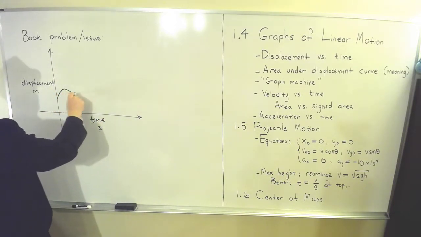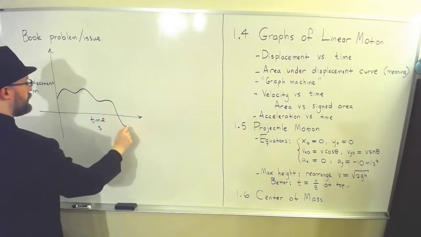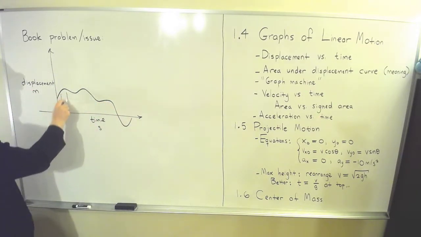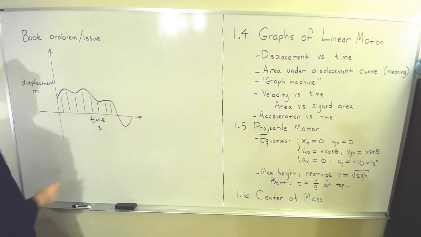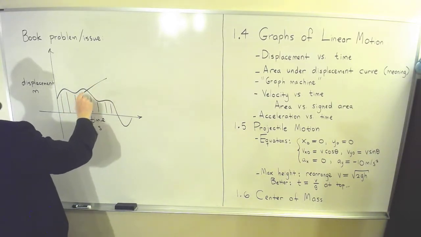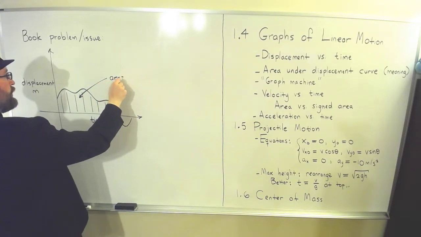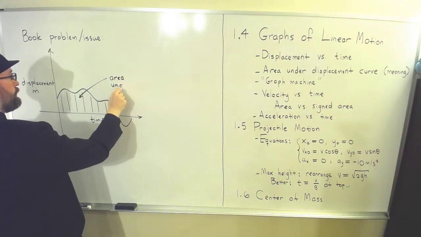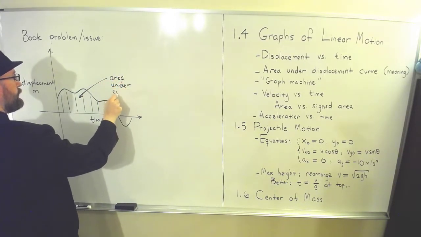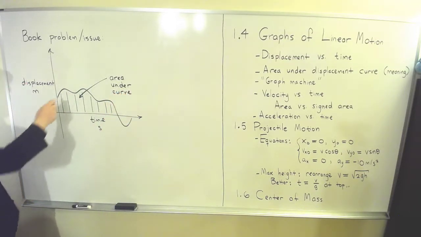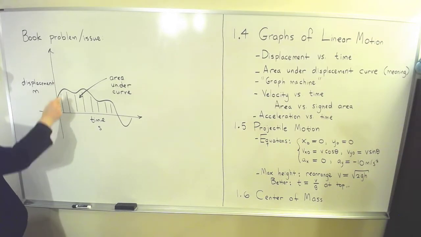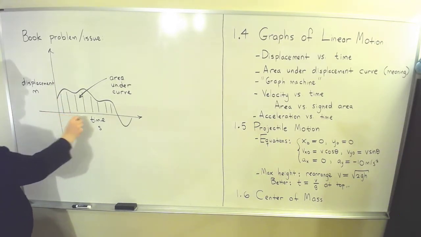Well, what the book says is that the area under the displacement curve, and by under the curve, it means between the curve and the axis here.